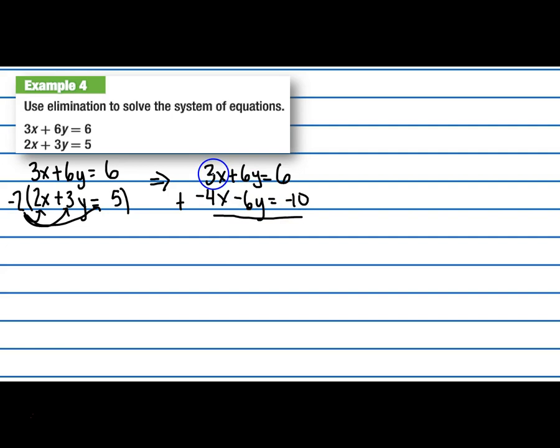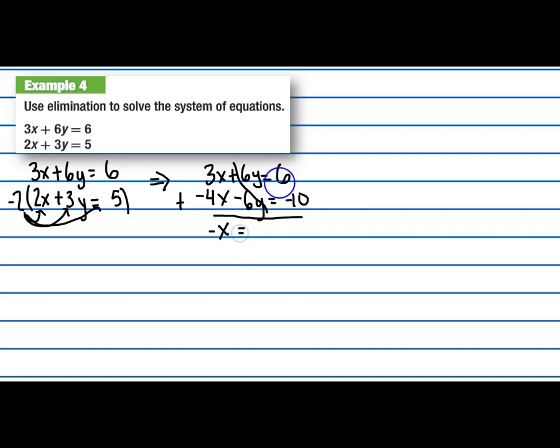So we have 3x plus -4x, which is -1x. But then when we add 6y plus -6y, this is what you want to happen. It gets eliminated. It's gone. Because it is now 0y. And we don't need to write that one down.